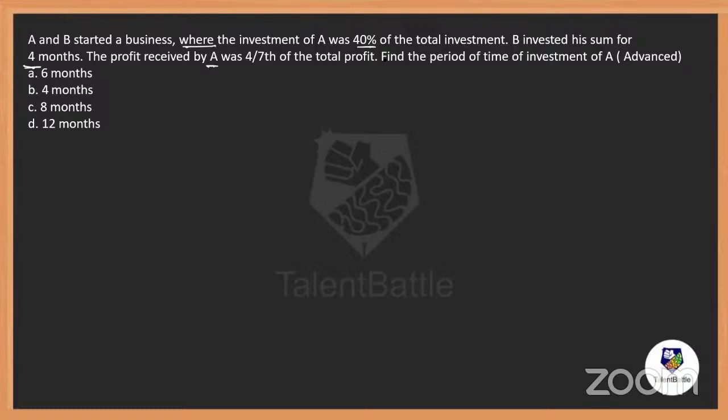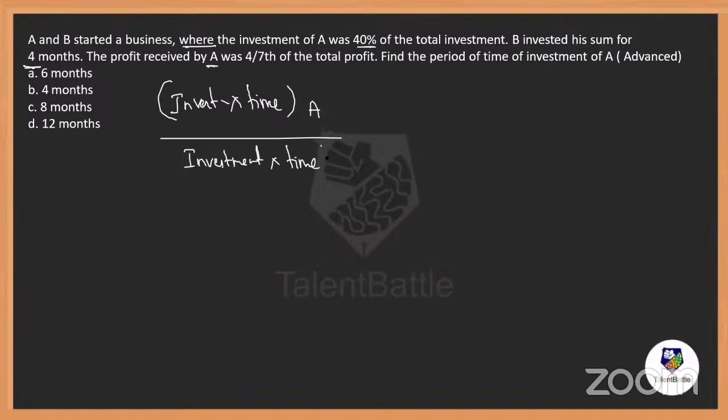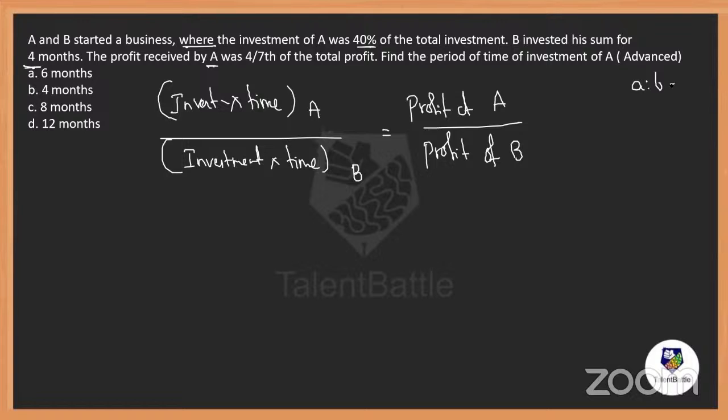To identify the profit of A and B: investment into time period of A, divided by investment into time period of B, should equal the profit of A divided by the profit of B. You can even write it as investment into time period of A is to that of B. This is the only formula we use in the entire concept.